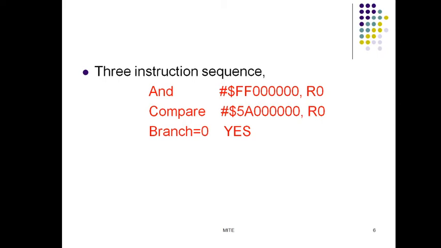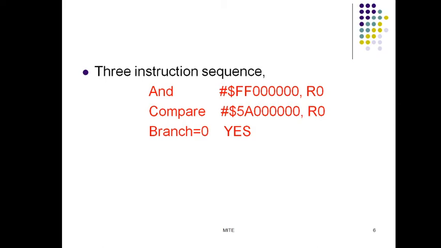Okay, so this implements the desired action and the AND instruction clears all the bits in the rightmost three character positions of R0 to 0, leaving the leftmost character unchanged. So this is the result of using an immediate source operand that has 8 ones at its left and zeros in the 24 bits to the right.